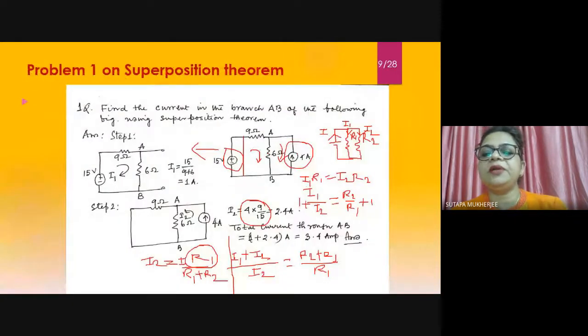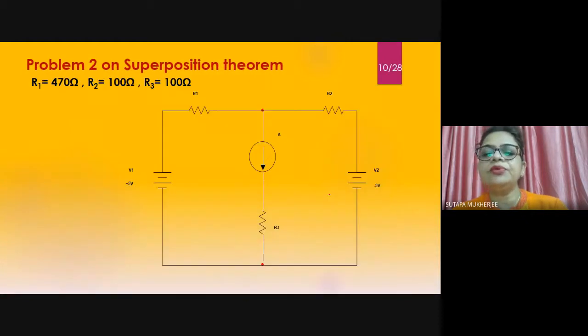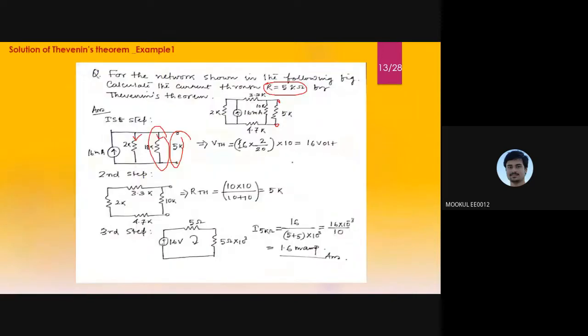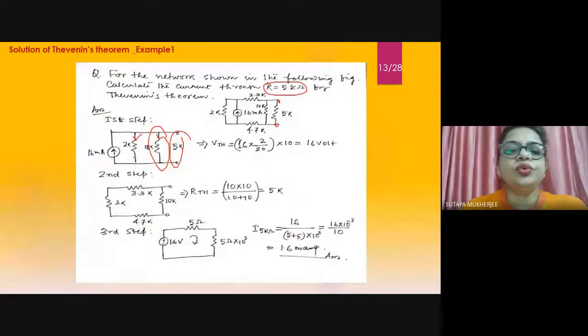I have explained here how you can get it: the current dividing rule. Come to this slide. 16 into 2 divided by 20, that is the current flowing through the circuit. After that, multiplying this by 10 will give 16 volt. So where is 10?